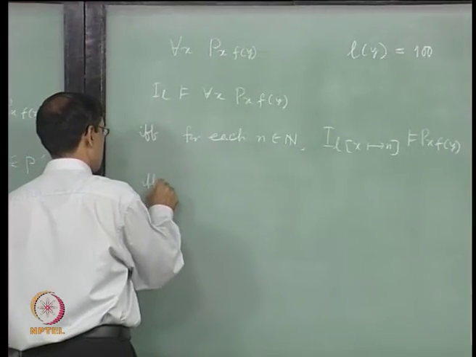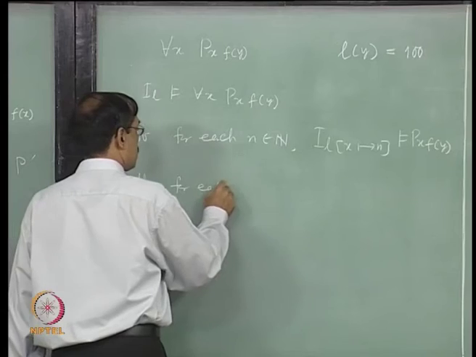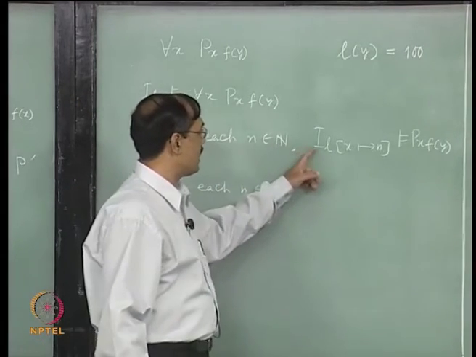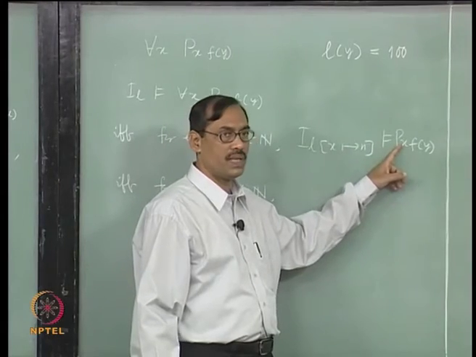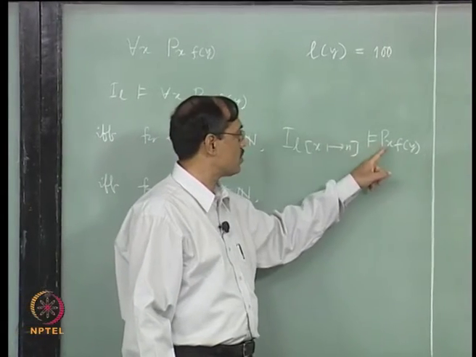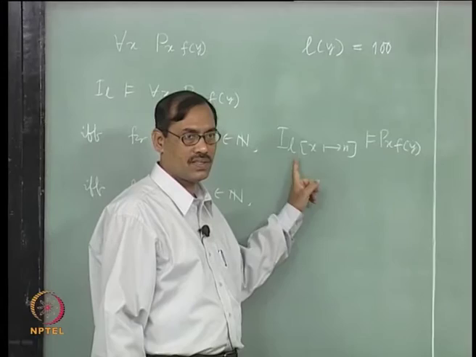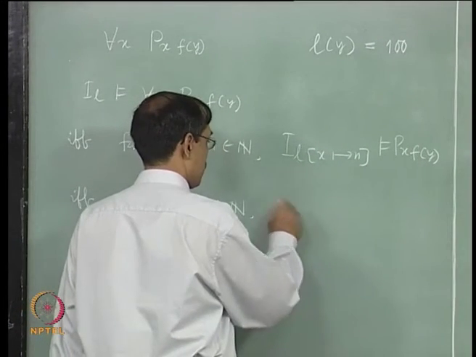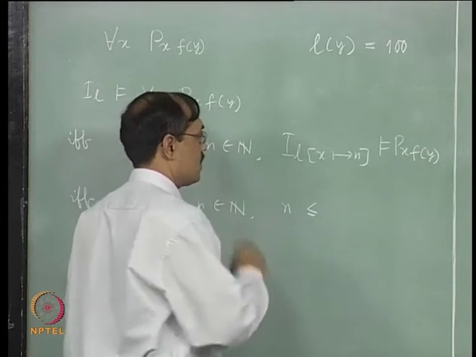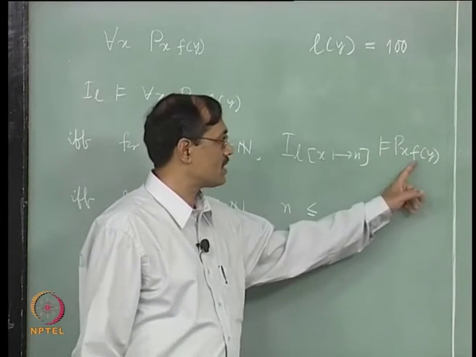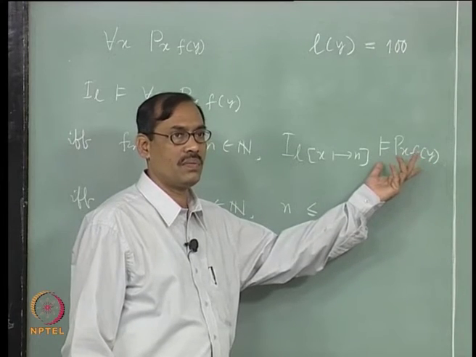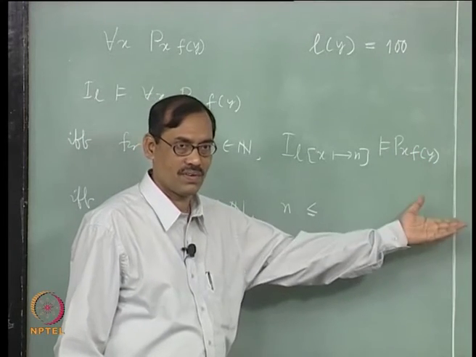If and only if for each n in N. Now, I L means p is less than or equal to anyway. So, x will be taken as n in this new valuation L x fixed to n. So, that is n, then that is your p, and what is f of y? F is again f prime, which will be something plus 4, okay.